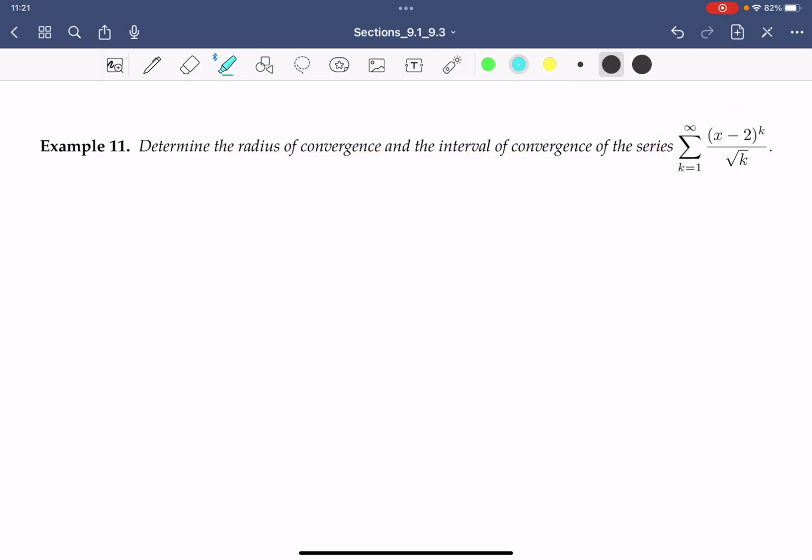Okay. This time, this is your a_k. Let's keep doing it because this is the one that you're going to see for sure on the exam, and it's actually the mandatory question for this chapter. So it's going to be the limit of a_(k+1) over a_k.